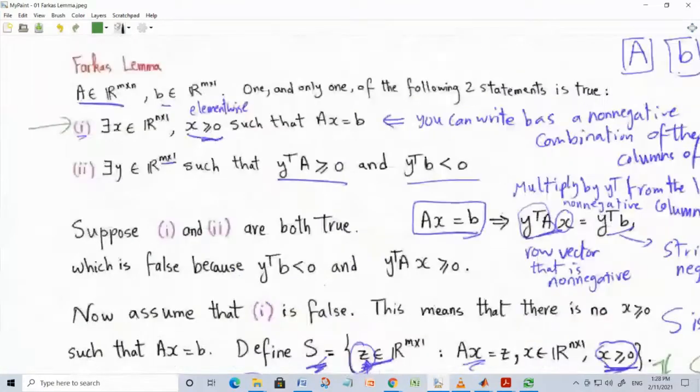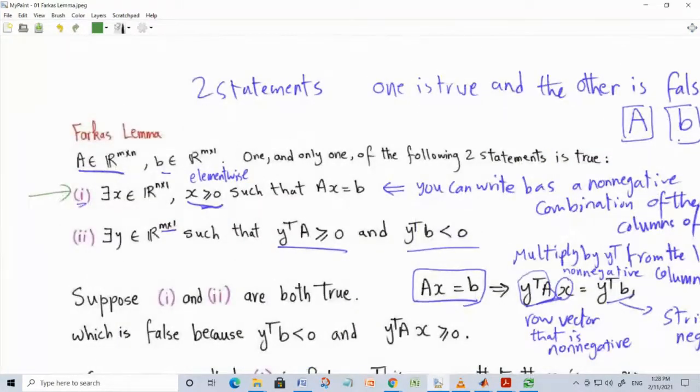Again, we took the first statement to be false, and we proved that if it is false, then B is not in the set S, which is the set of all vectors in the m-dimensional space that can be written as AX, where the components of X are non-negative. So B is outside this set.